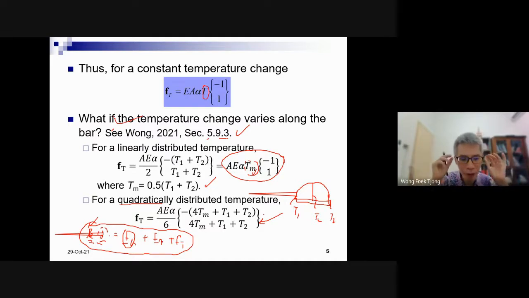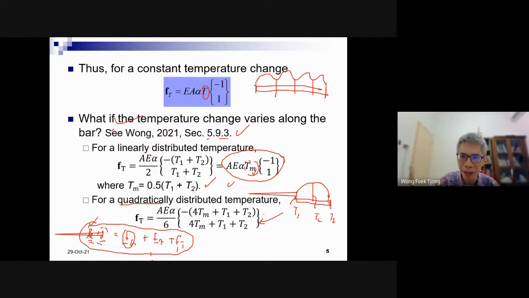Of course, for higher distributions, I think in practice even the quadratic is usually not needed, because we can divide into many elements and then it becomes close to linear. So the practical one is the linear formula. If we have a bar and the temperature distribution is a little bit random like this, normally we can divide it into several elements, and for each element we can model it.